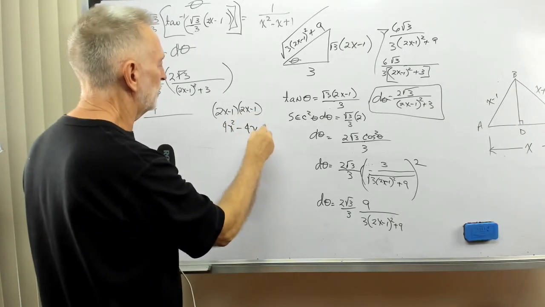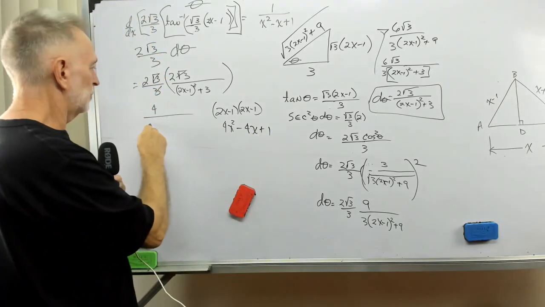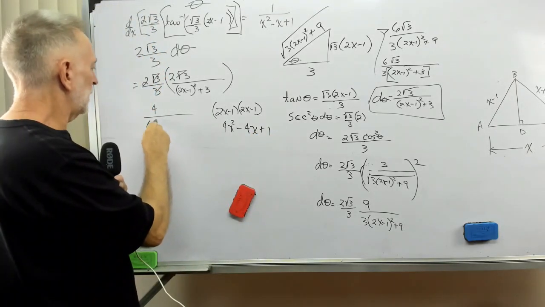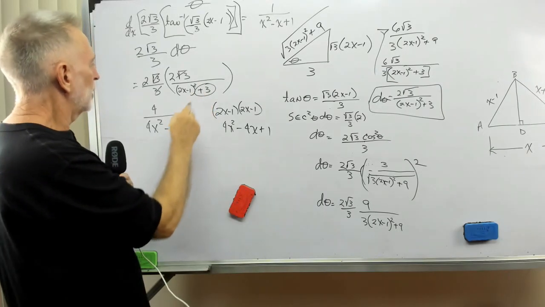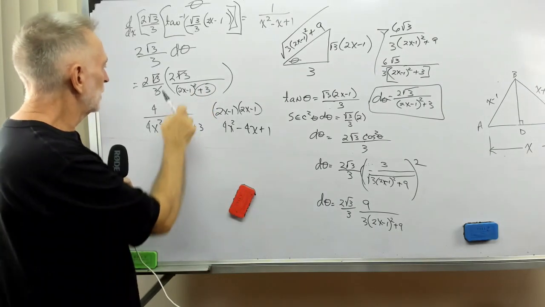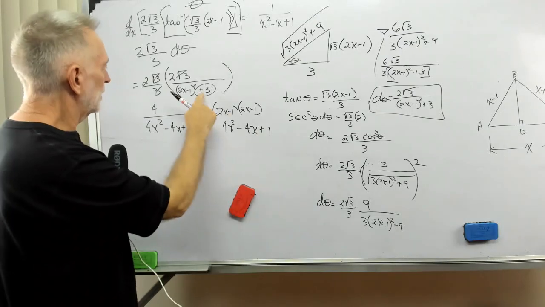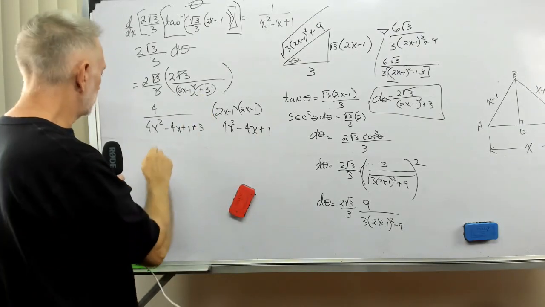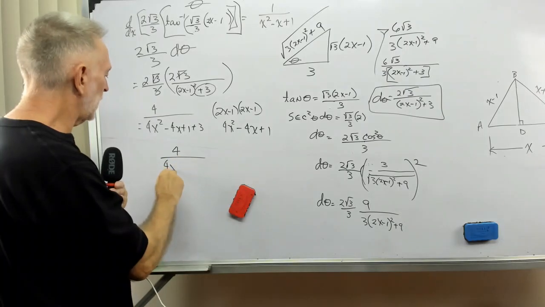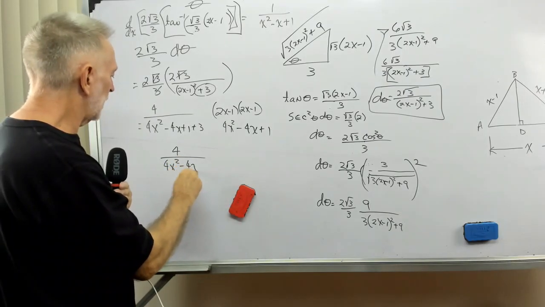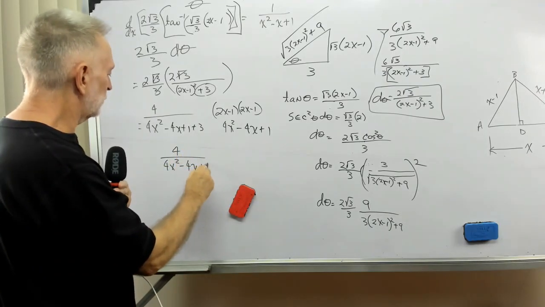Negative 1 times negative 1 is positive 1. So that's 4x squared minus 4x plus 1 plus 3. Okay, this was that, and there's my plus 3. So that gives me 4 over 4x squared minus 4x, 1 plus 3 is 4.